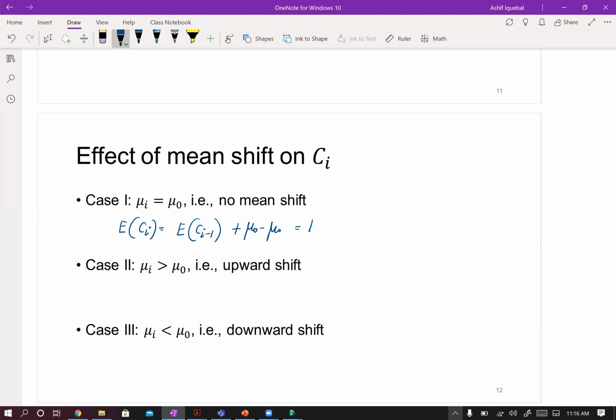And this will be equal to expected value of Ci minus 1. So if there's no change in the process mean, there is no change in Ci, right? The expectation of Ci and Ci minus 1, they are both the same.